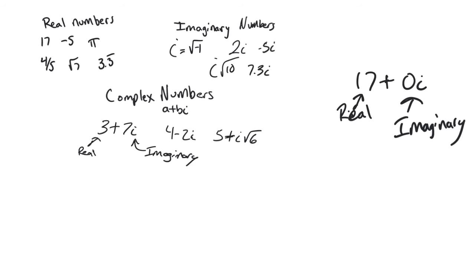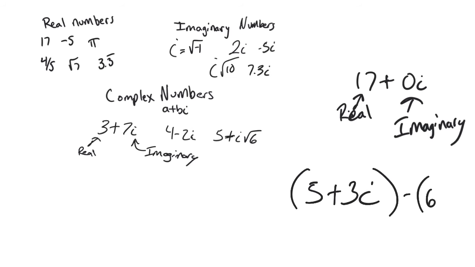Now, for our purposes, most of our complex numbers are going to be in this form. But what will happen is if we're doing math with the complex numbers, maybe we have 5 plus 3i minus 6 plus 3i. Well, what would happen is we'd have 5 minus the 6 is negative 1, and then 3i minus the 3i is going to be 0i.